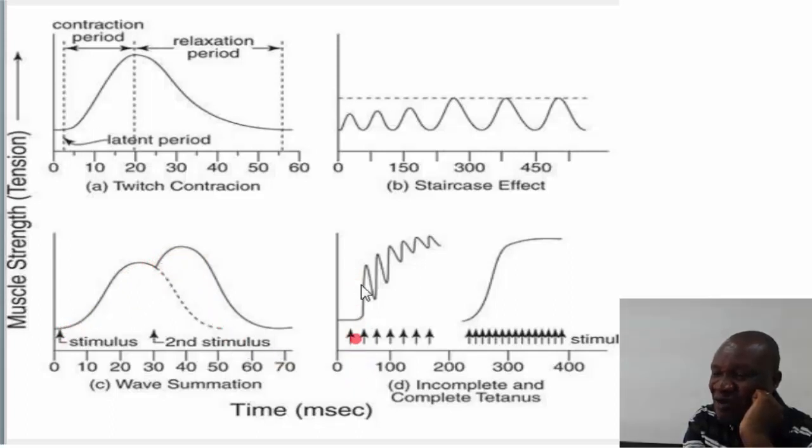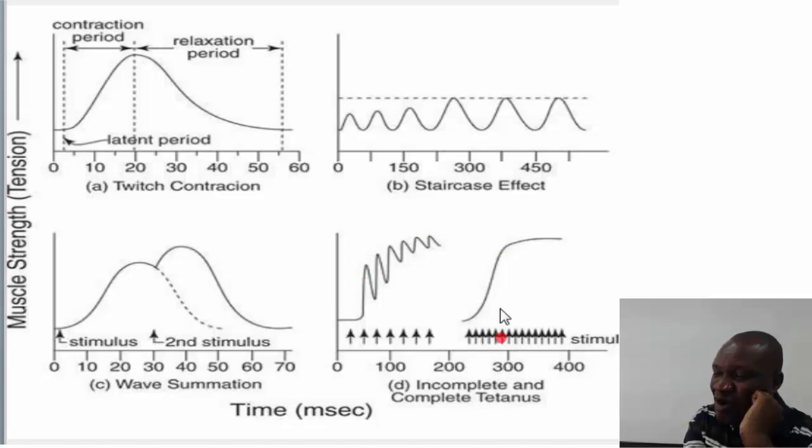Now, if we increase the frequency of stimulation, then the wave becomes a single line with brief relaxation. And this is called an incomplete tetanus.